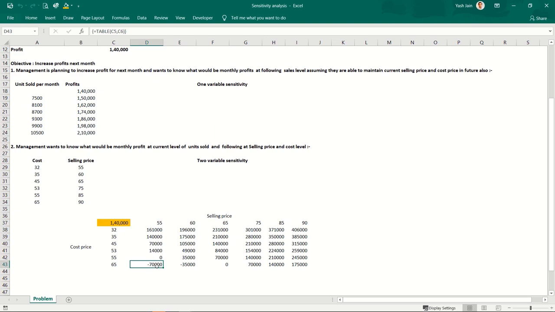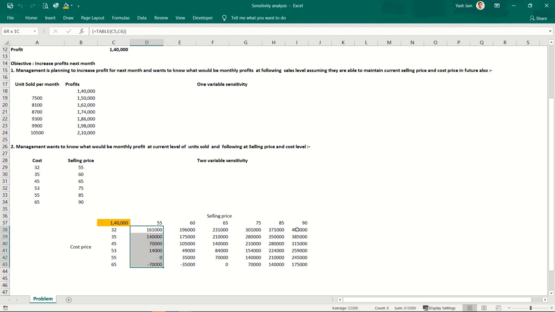This is the maximum losses that we can suffer, and the maximum profits that one can earn is by selling at the highest price possible and with the lowest cost possible. So diagonally opposite, this is the highest value in this entire data table and this is the lowest value. So this is the rightmost top column and this is leftmost bottom column. These are the highest and the lowest values.